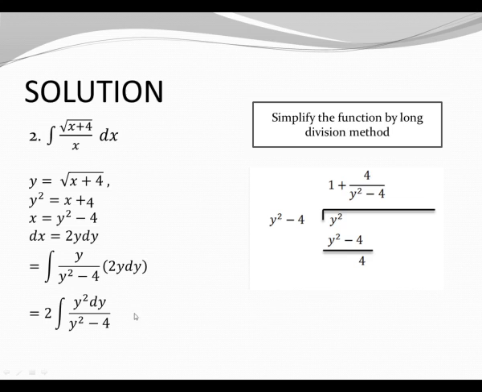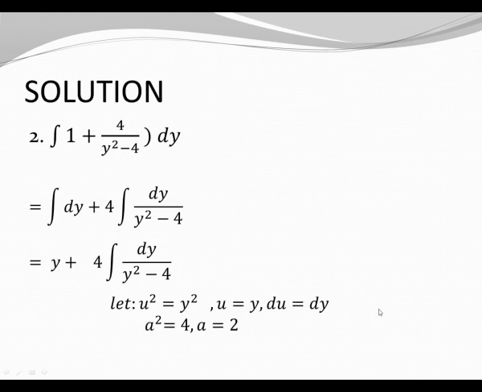Then this function is now simplified as 1 plus 4 over y squared minus 4. Therefore, we can now evaluate the integral of 1 plus 4 over y squared minus 4 dy. So this is simply dy, and then plus 4 times the integral of dy over y squared minus 4.